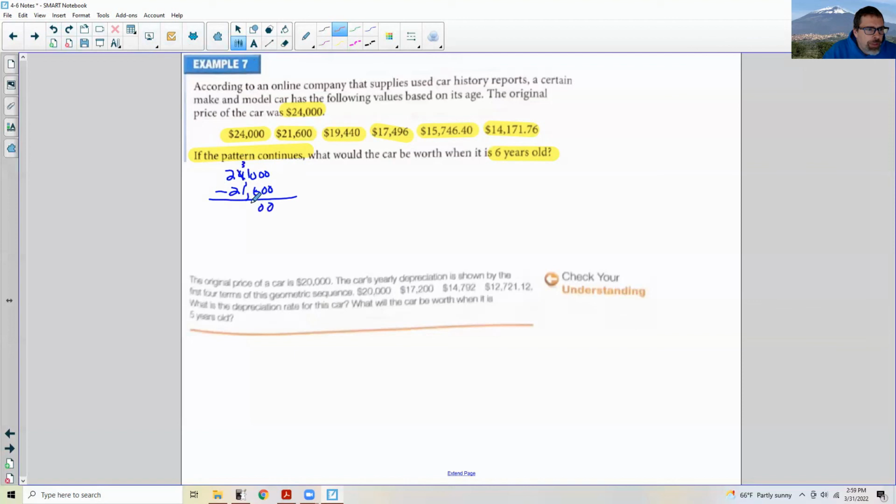Now I need to borrow, 10 minus 6, 3 minus 1. A difference of 2,400 between the first and second term. Now I'm going to check the difference between these two terms, 21,600 minus 19,440. And obviously it's not the same, I can tell already. 2,160 is not equal to 2,400, so there is no D, common difference. This is not arithmetic.